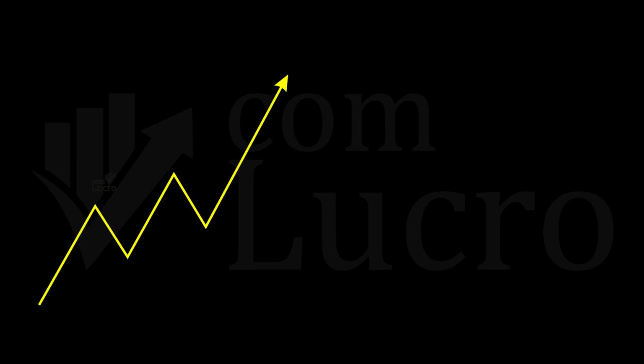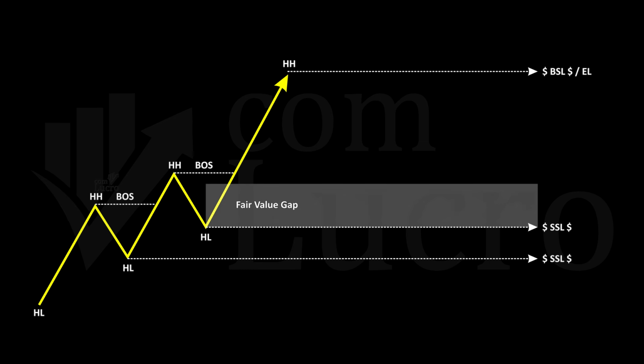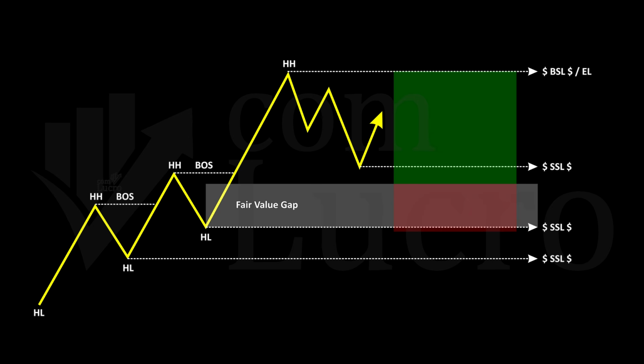Before moving forward, it is important to understand what truly gives this setup its strength. The real advantage appears when the market sweeps liquidity and mitigates a fair value gap at the same time. Whenever price targets liquidity near a key level, such as a swing high or swing low, while also filling a fair value gap, it removes two major sources of pressure simultaneously.